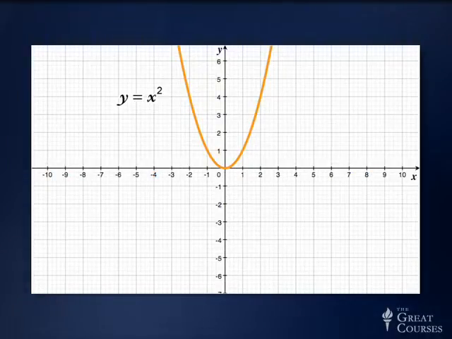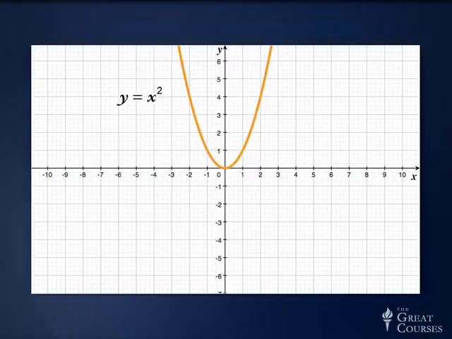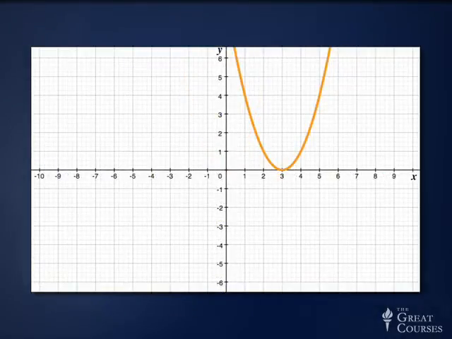Now, I'd like to use that graph to demonstrate some of the ways that we can move it and show how the algebraic equations change as you do that moving. So for example, let's say I wanted to move the graph of y equals x squared over 3 units to the right. Then I would get the graph that you see here. But what does the equation then look like once you've moved the graph?